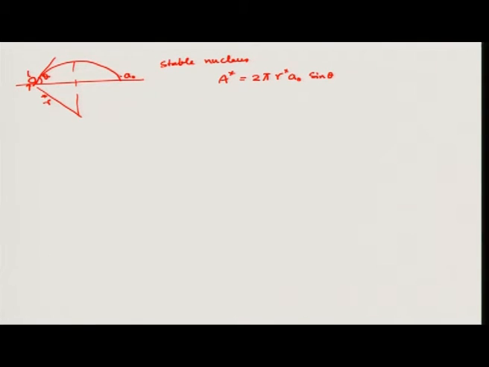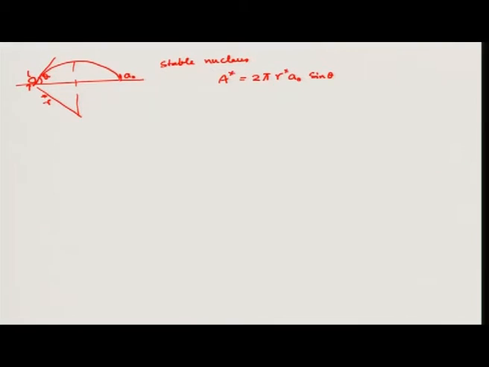So, the total area for these add atoms to get attached onto this is given by this expression: 2 pi r star is the perimeter, and A0 sin theta gives the peripheral area over which these atoms after migration can get attached.